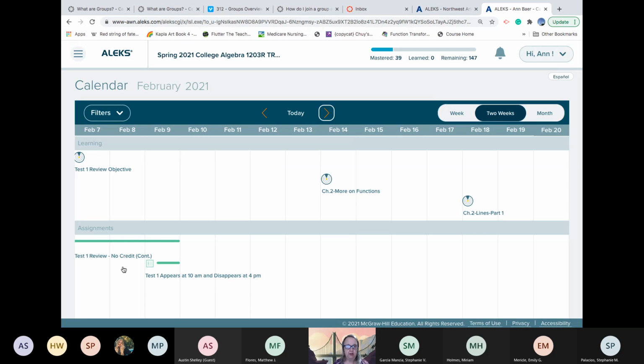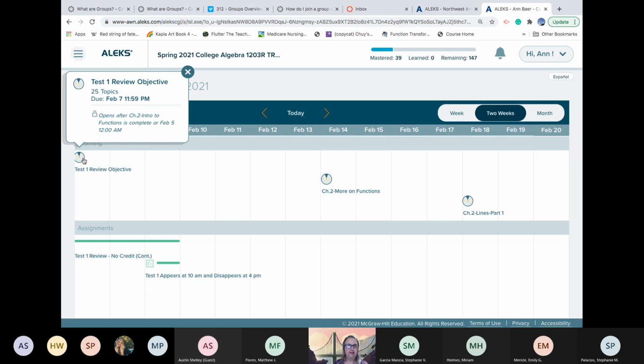This particular assignment, the test 1 review no credit assignment, has all 25 topics in it. Up here in this strip, the test 1 review objective has 25 topics. So if you never learned some of those topics, you're not going to see them in that assignment.